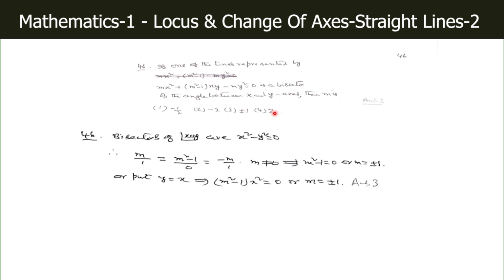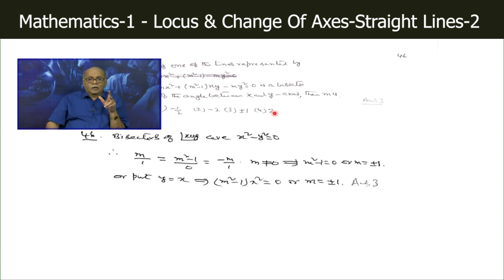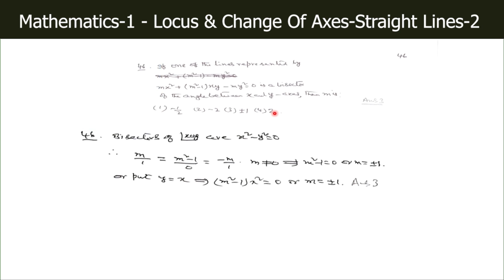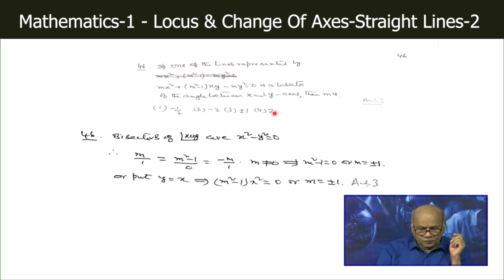And you know that the lines y is equal to plus or minus x are the angle bisectors of the angle between the coordinate axes. So their combined equation is x square minus y square equal to 0. Now here the equation is given by mx square plus (m square minus 1) into xy minus my square equal to 0.